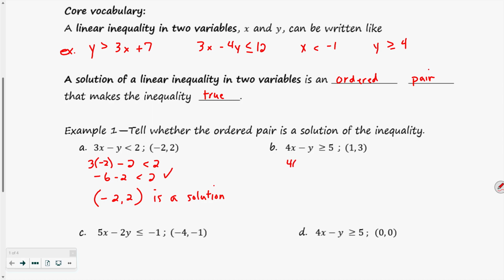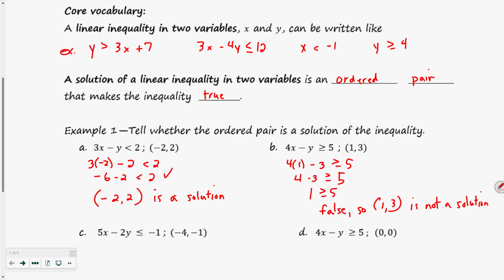If I put in 1 for x and 3 for y, I get 4 minus 3, or 1 is greater than or equal to 5. That is false. So 1, 3, that ordered pair, is not a solution to that inequality.